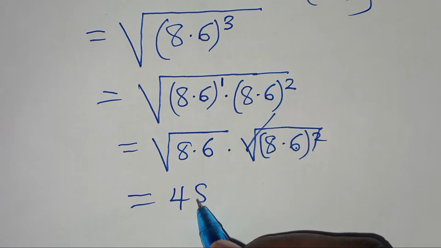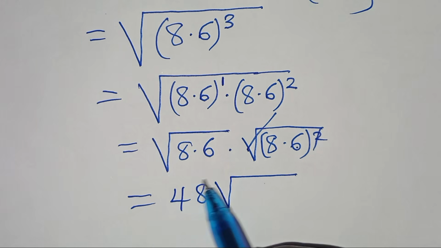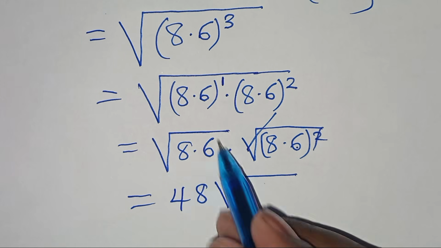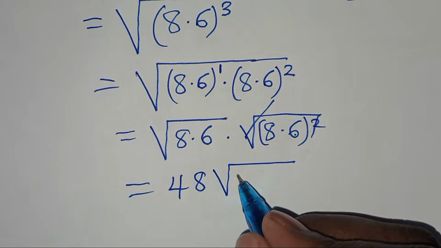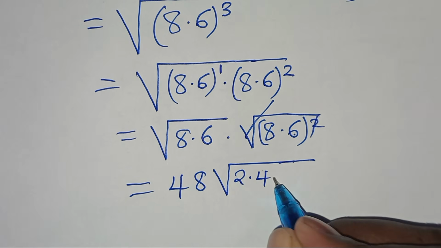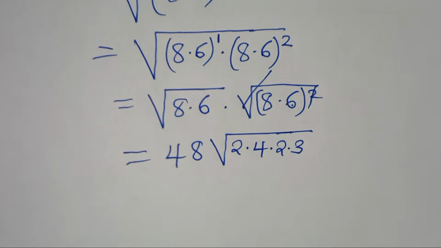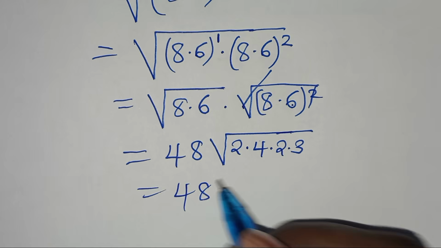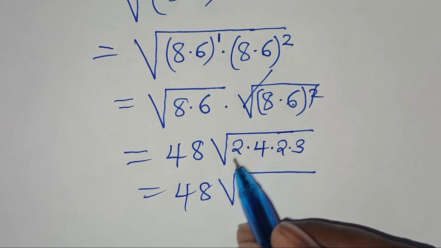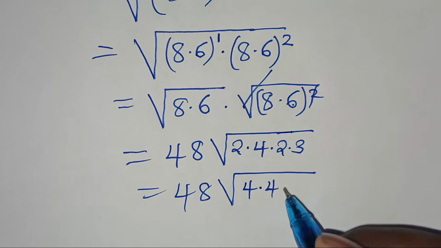So we have 48 multiplied by square root of 8 times 6. We can express 8 times 6: 8 is the same thing as 2 times 4, then 6 is the same thing as 2 times 3. So this is 48 into the parenthesis, this is 2 times 2, which is 4, times 4 times 3.